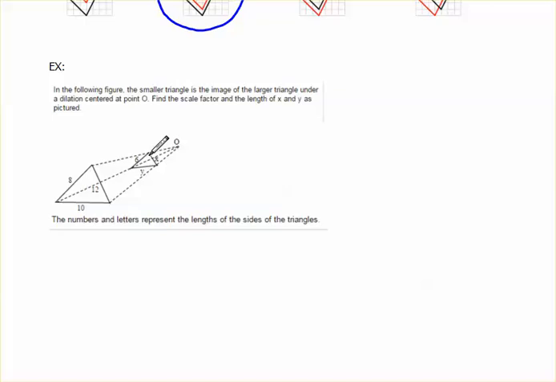That tells us that our scale factor is going to have to be less than 1. Well, we can find our scale factor by looking at the ratio of those sides that we know. For instance, the side here of 6 corresponds to this side of 8. So if I put 6 over 8, that would reduce down to 3/4.